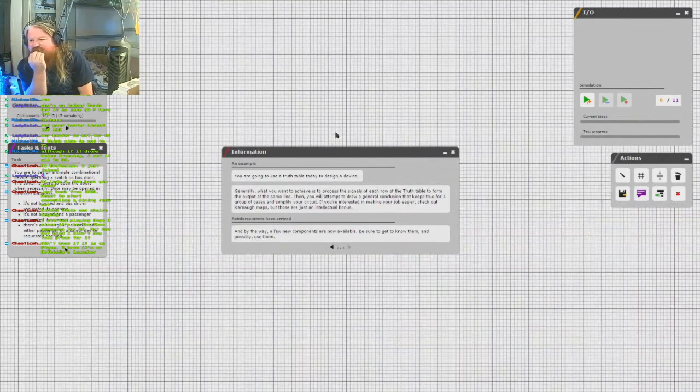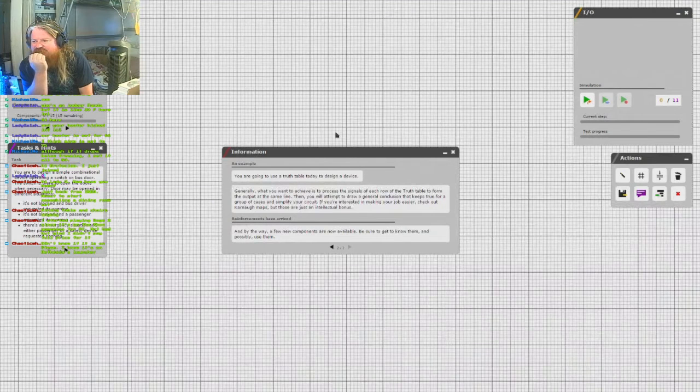You're going to use truth tables today to design a device. Generally, what you want to achieve is to process the signals of each row of the truth table to form an output at the same line.